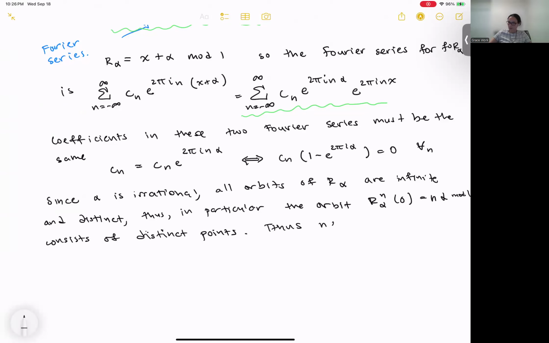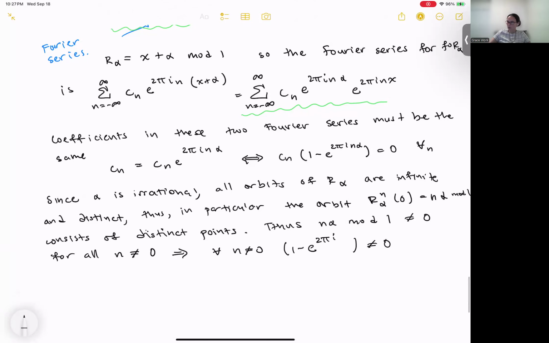Thus n alpha mod 1 is not equal to 0 for all n not equal to 0, which in particular means for all n not equal to 0, this expression is also not equal to 0. I've left out an n in here, so let's make sure we put that in. Right, this should be 2 pi I n alpha is not equal to 0.